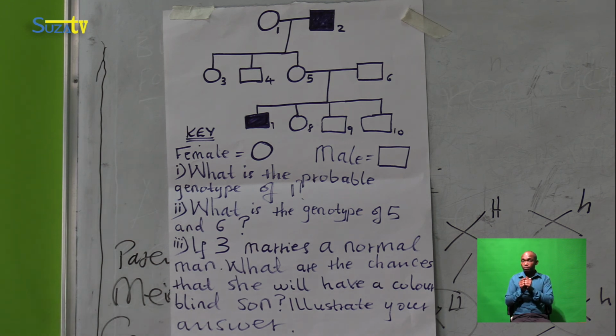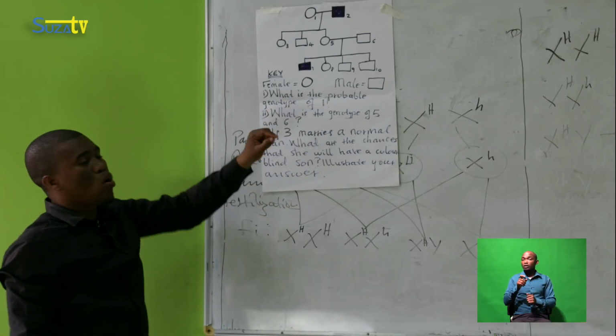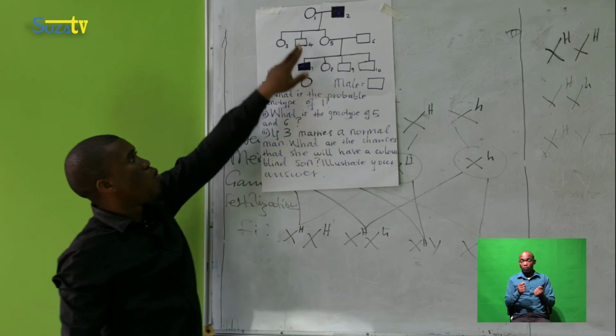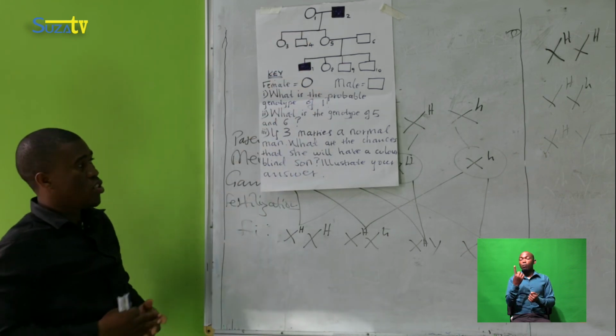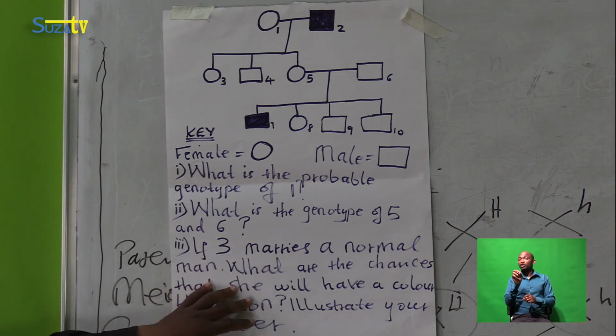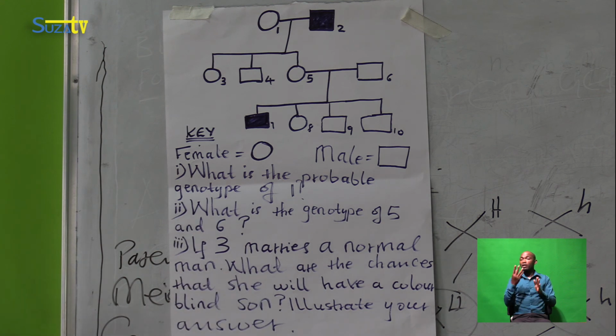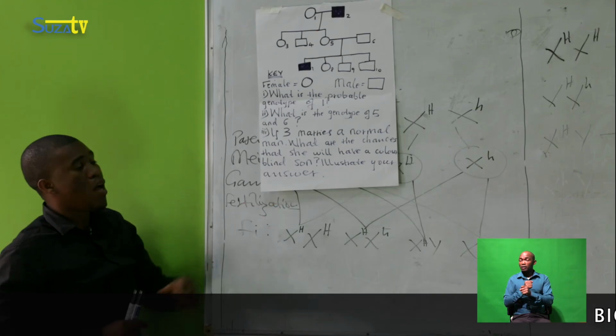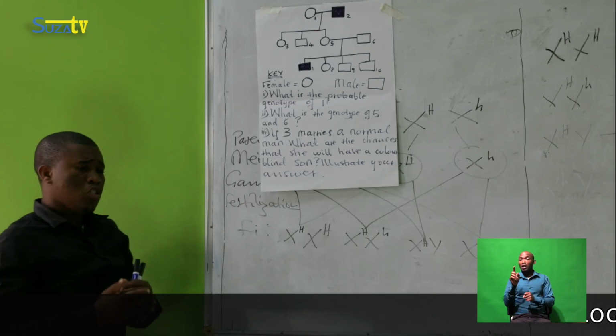So the questions are: what is the probable genotype of parent number 1? What is the genotype of number 5 and 6? And the third question: if number 3 marries a normal man, what are the chances that she will have a color blind son? So don't be confused.